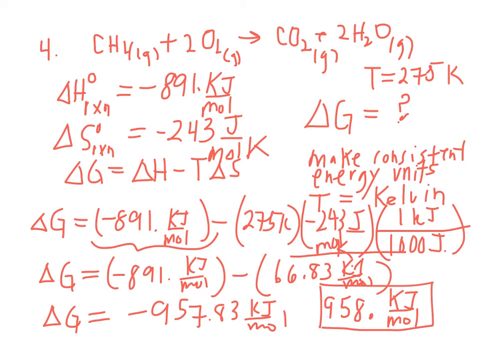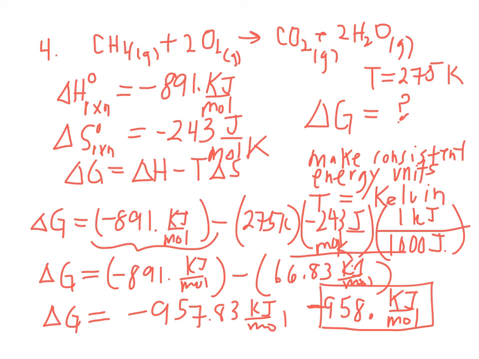Okay, and the fact that this is, oops, let's take a look. I left off the minus sign when I went from this to boxing in my answer, so minus 958 kilojoules per mole. Delta G is negative.